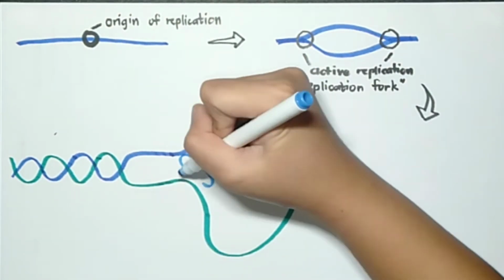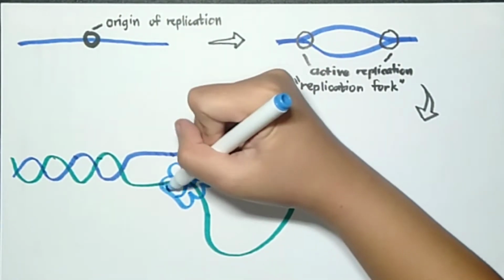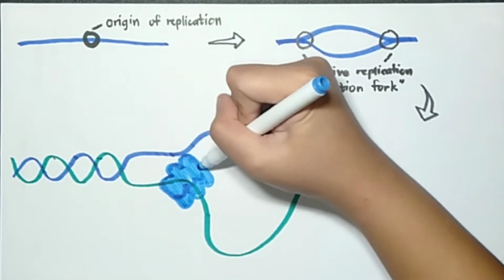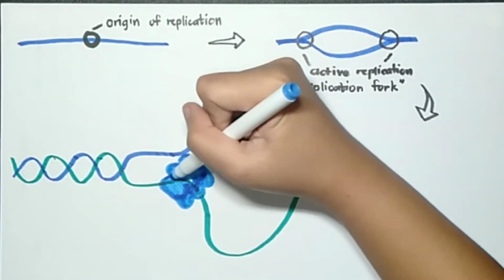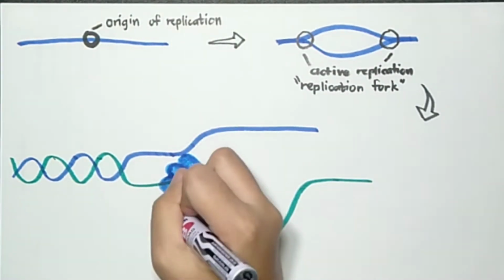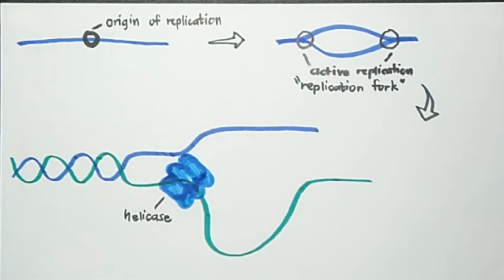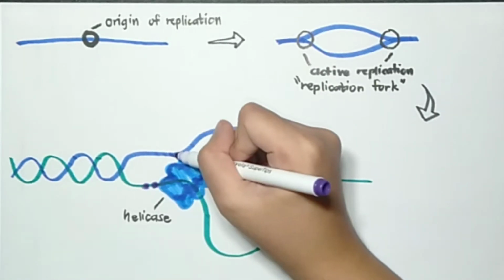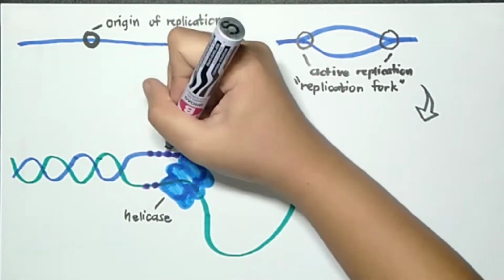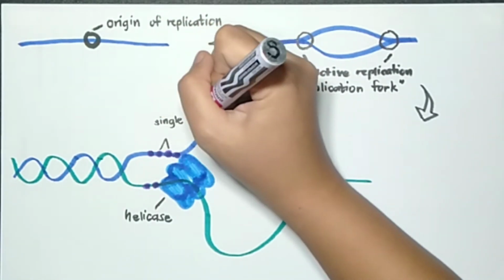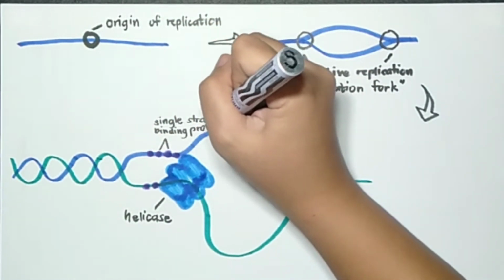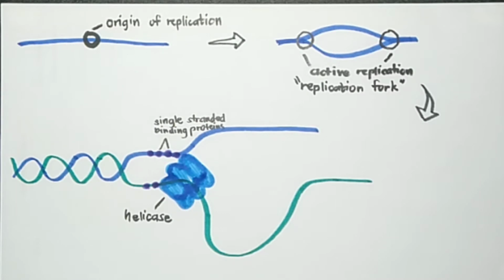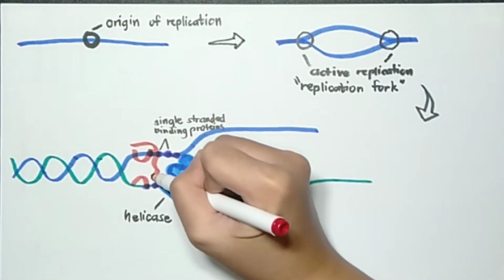DNA helicase, which is an enzyme, separates the two single strands by breaking the hydrogen bonds between the bases, and single-stranded binding proteins stabilize the newly single-stranded regions. This initiates the DNA replication.